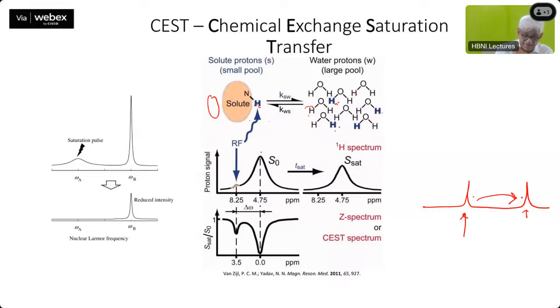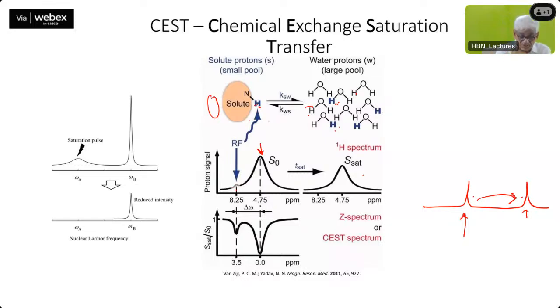You continuously irradiate over a period of time. In the beginning the signal is here, the water signal is here, and as you continuously saturate, the water signal will go down. This is the technique which is used in imaging experiments.